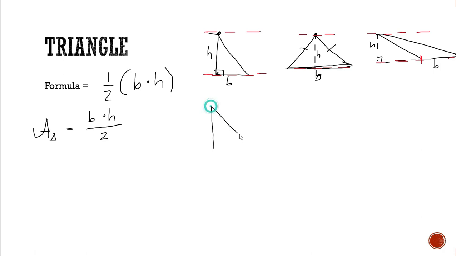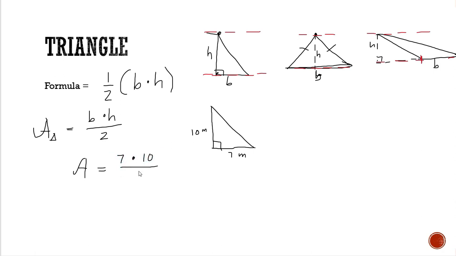If you want to check the value, say, for example, I have here a certain right triangle. I want to solve the area of the triangle. Let's say the height is 10 meters and the base is 7 meters. We just simply substitute into the formula.